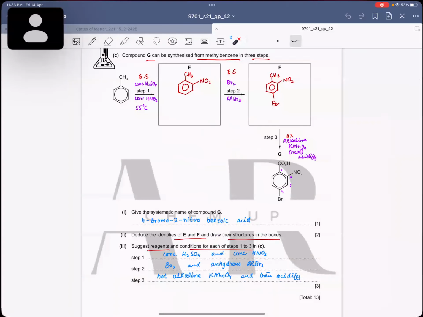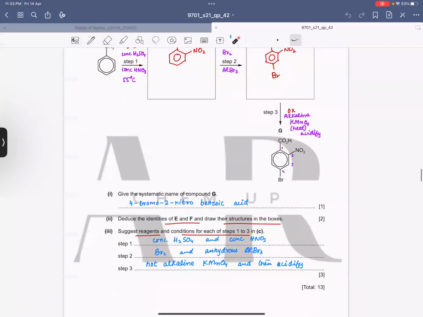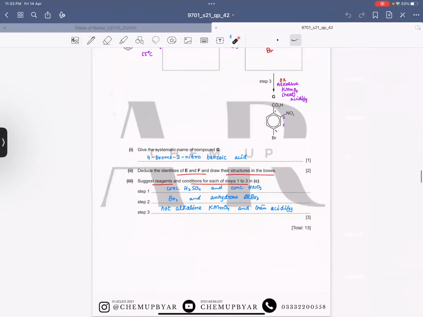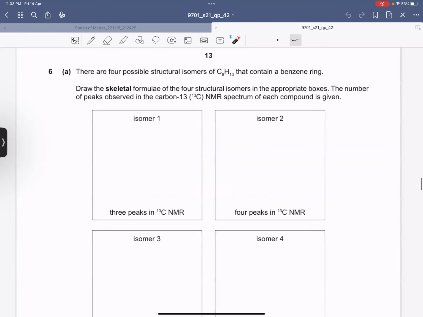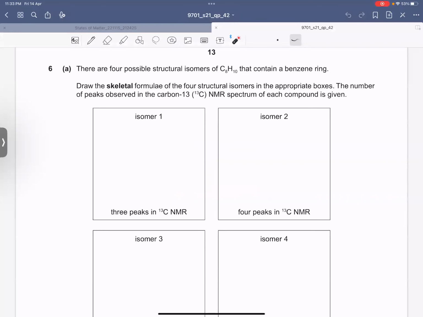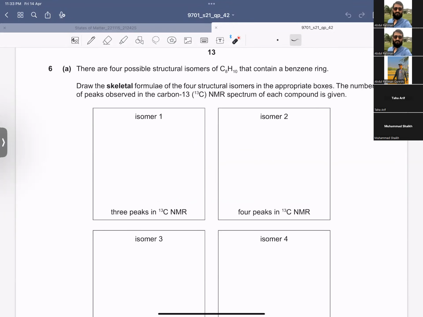Okay, so we have ended over here and we have to start question number 6, right? So look, they are saying there are 4 possible structural isomers of C8H10 containing a benzene ring. Draw the skeletal formula of the 4 structural isomers in the appropriate boxes.